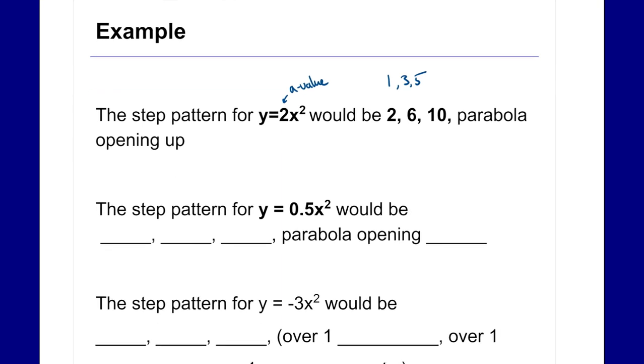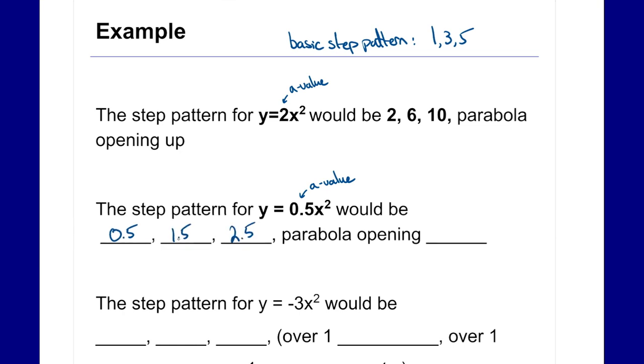The step pattern for the next one, for y equals 0.5x squared, would be, well, first we've got to find our a value, which is the value in front of the x squared. So that means we multiply this basic step pattern. I'm going to write it up here. 1, 3, 5. So I multiply that 1, 3, and 5 by 0.5, and I get 0.5, 1.5, and 2.5.